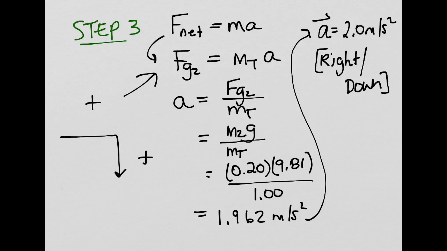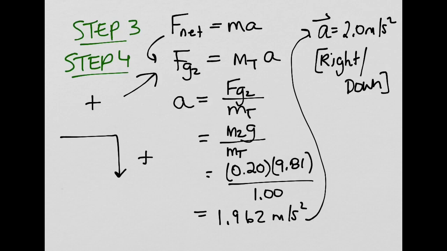Essentially what I'll be asking for in the future is not the direction of the acceleration, just the size, so you don't have to worry about the direction. Sorry, that was step 4 here, to solve for a.